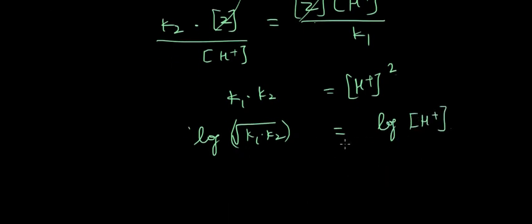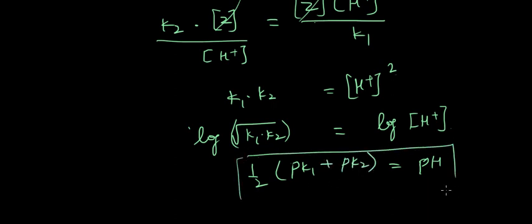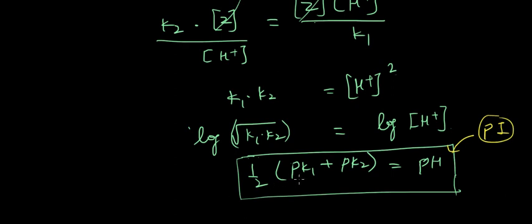So what is the pH at which there would be an isoelectric point? Log of H plus is nothing but pH, and this is half of pKa1 plus pKa2, or directly pK1 plus pK2 over 2. This is the pH at which there would be equal concentration of anion and cation of the amino acid. So this is Pi.